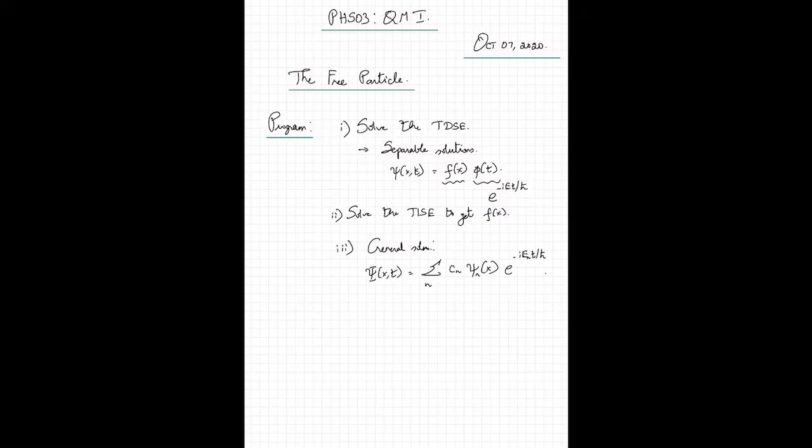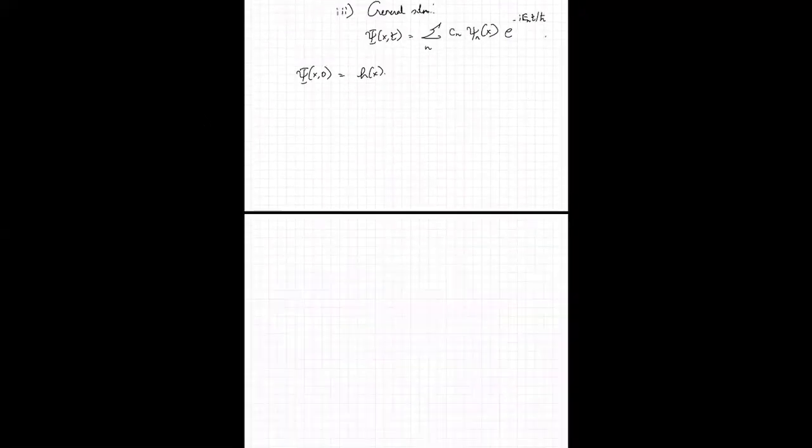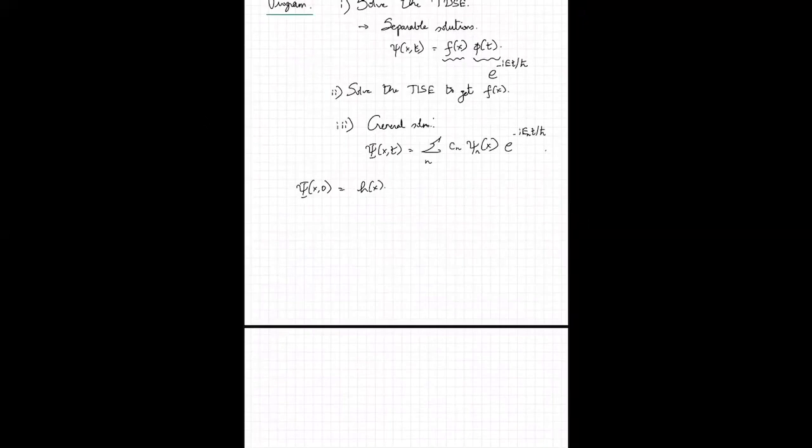So the problem is, say, for example, that the initial condition at time t equal to 0, psi of x comma 0, is some function, let us say h of x, right? Now you should appeal to this initial condition and use the fact that the psi_n are orthonormal.